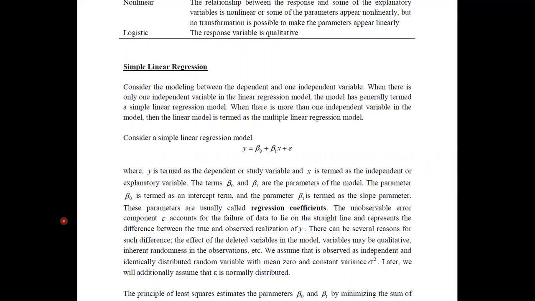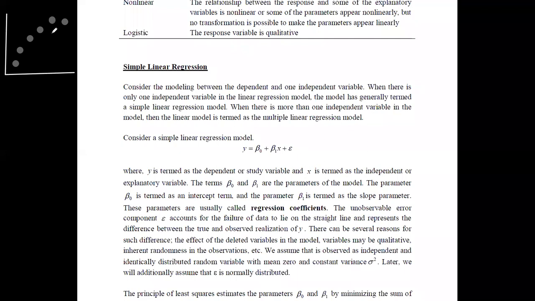Now think about this set of data points. You may have a set of data points in this form. You may have one point here, one point may be here, another point may be here. Likewise, you may have a set of data points in here.